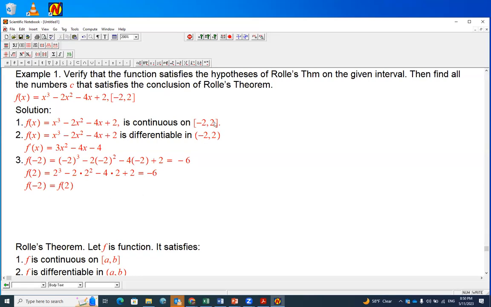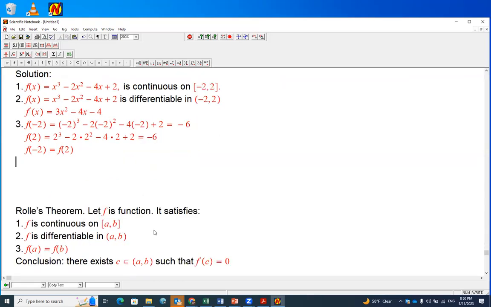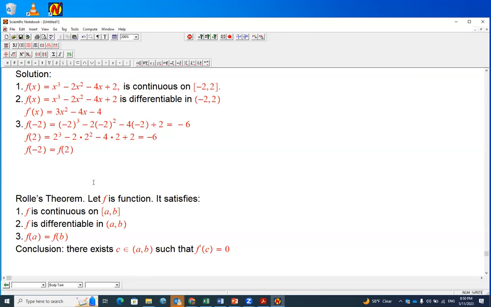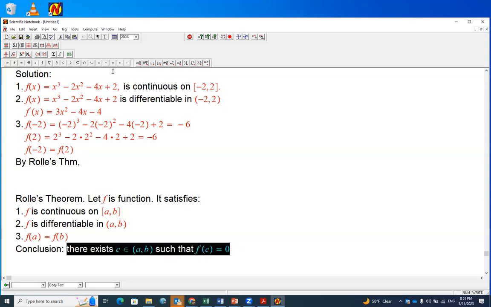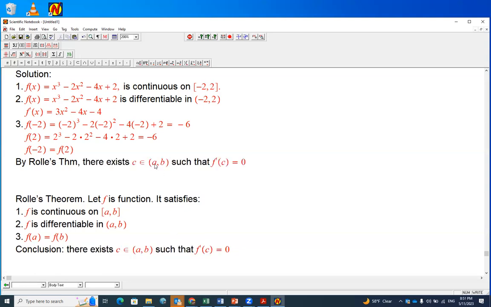And you're going to apply the conclusion. Then you say, by Rolle's theorem, there exists a c in (a, b), which is from -2 to +2, such that f prime of c, the derivative at c, equals 0.